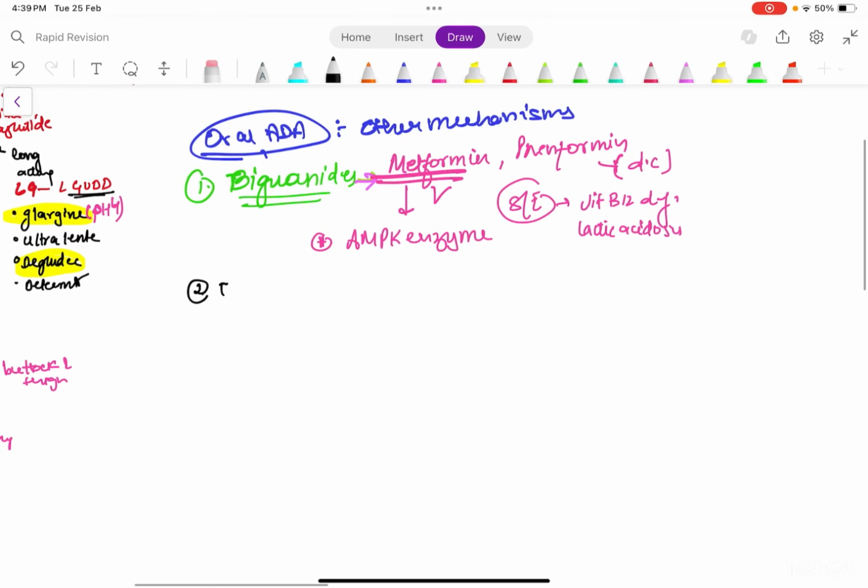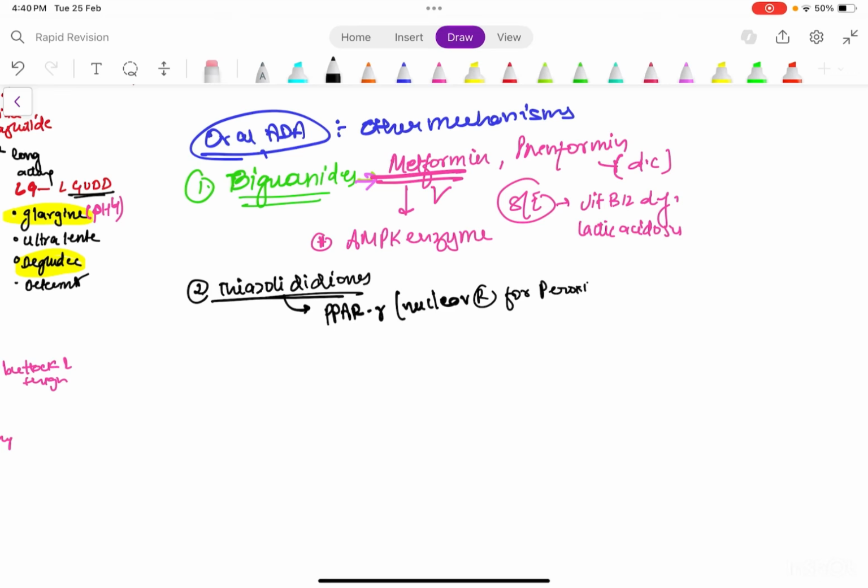Alright, now in thiazolidinediones, they basically act on PPAR gamma, which is nothing but a nuclear receptor, peroxisome proliferator-activated receptor gamma.